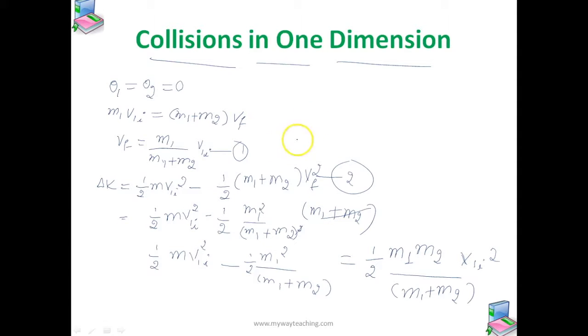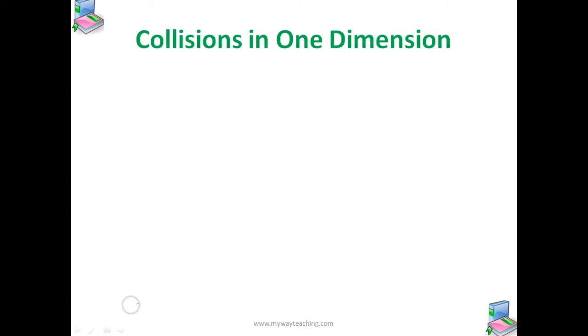So this is the first case. Now let us consider the elastic collision. Using the nomenclature with theta 1 equal to theta 2 equal to 0, the momentum and kinetic energy conservation equations we can again write like this: m1 v1i is equal to m1 v1f plus m2 v2f.